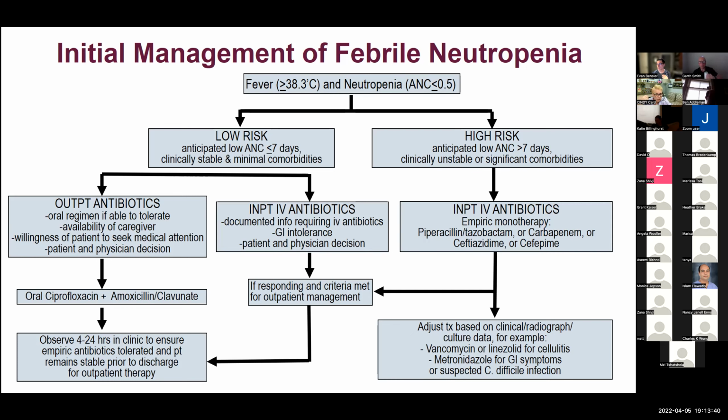If a patient has had previous febrile neutropenic episodes where they were found to be bacteremic, those patients will often be admitted because we're worried that they'll have the same bacteremia and will require IV antibiotics. And obviously, if things change, they become more unstable, or they go home and continue to have fevers, then we might admit. The high-risk patients are usually those who have anticipated low counts of greater than 7 days, are clinically unstable, or have significant comorbidities.